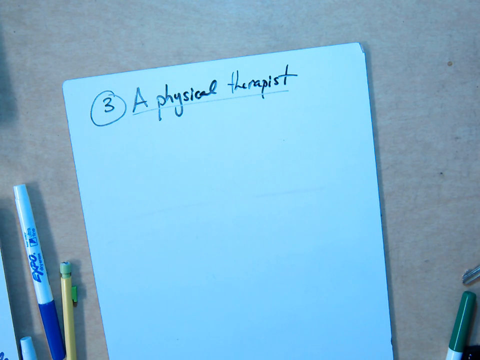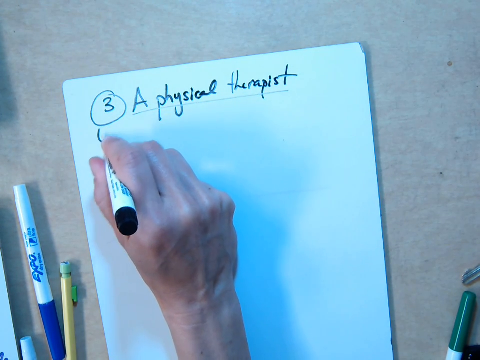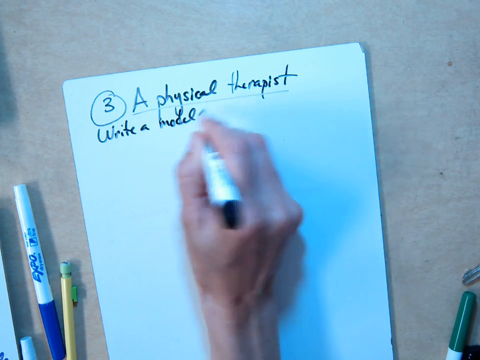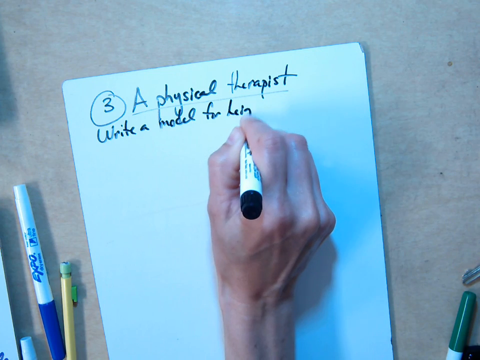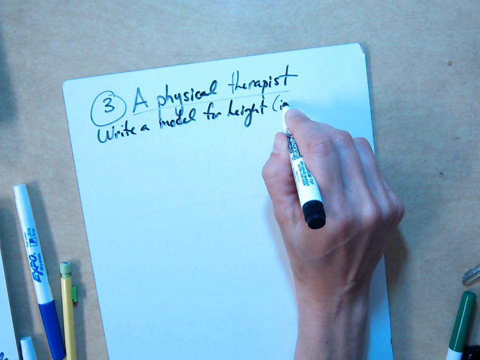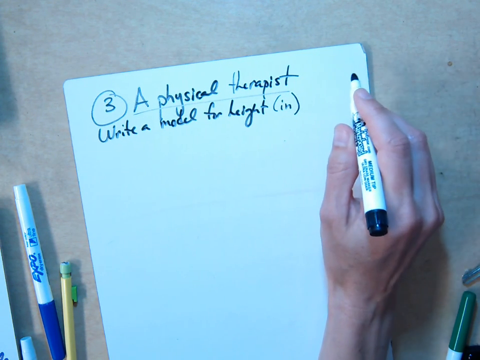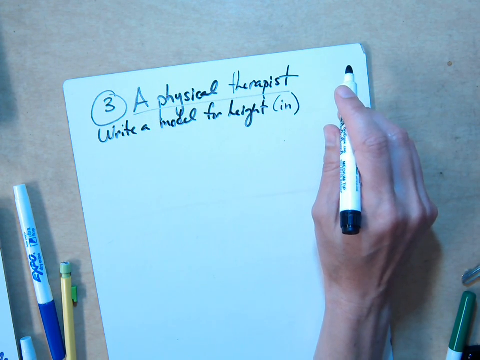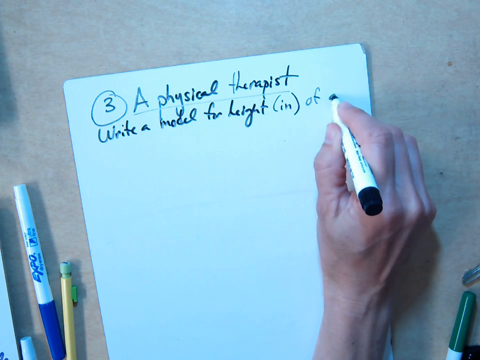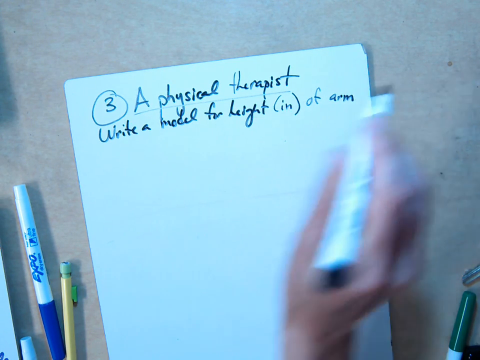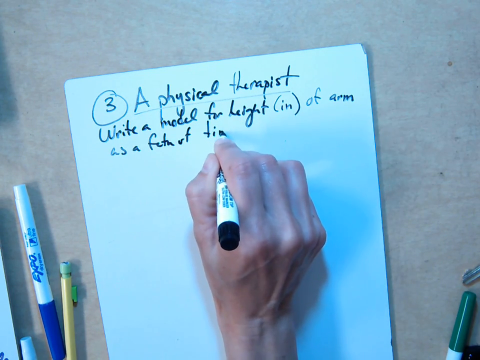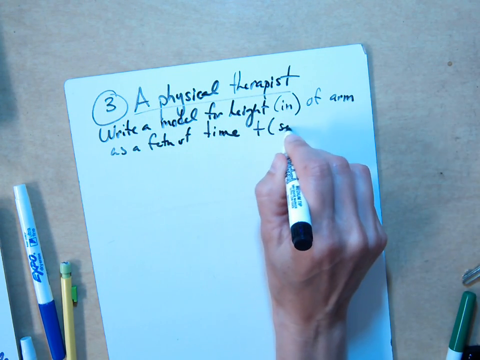And then we're going to write a model. Write a model for the height of the arm above the ground, in inches, as a function of time, t, which is in seconds.